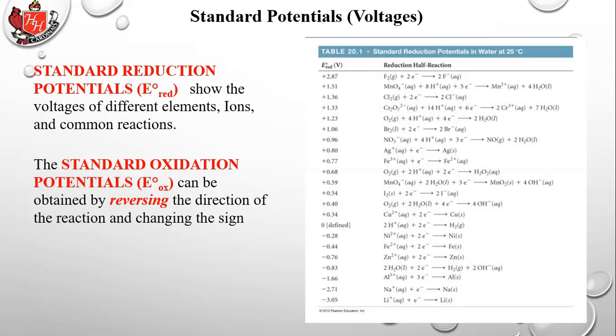If you flip that reaction around from left to right, then the positive 287 will become a negative 287. So you flip the reaction around, you have an oxidation reaction instead of a reduction reaction, and that changes the sign on the standard oxidation potential.